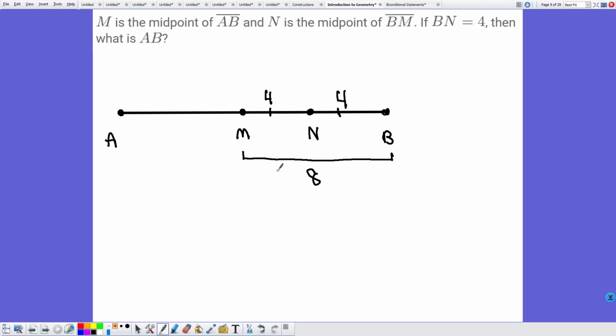Now, we also know that M is located in the middle of AB. So what that means is that MB will have the same value as AM. So AM will also have a length of 8, meaning that the length of AB in total is 8 plus 8, which is just 16.